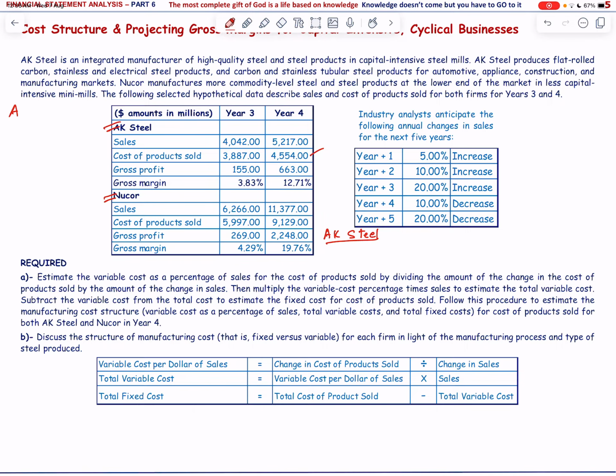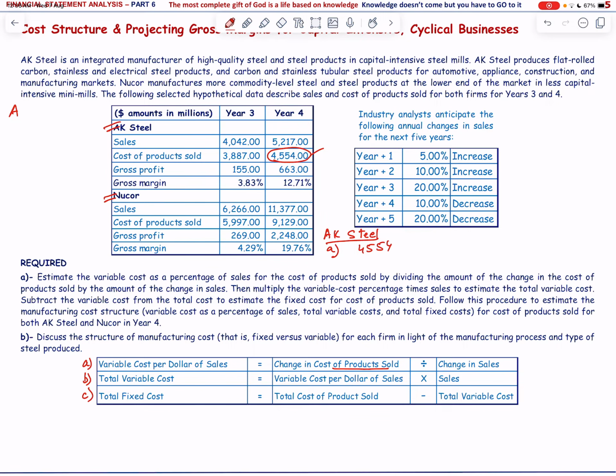So let's take these as A, B and C. We go for A first of all. So the change in cost of product sold is 4554, this is the cost of product sold in year number 4.